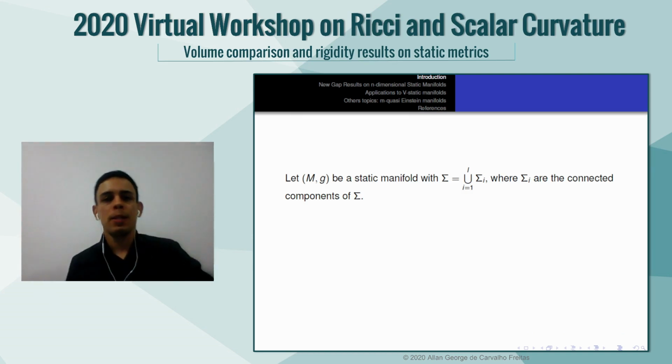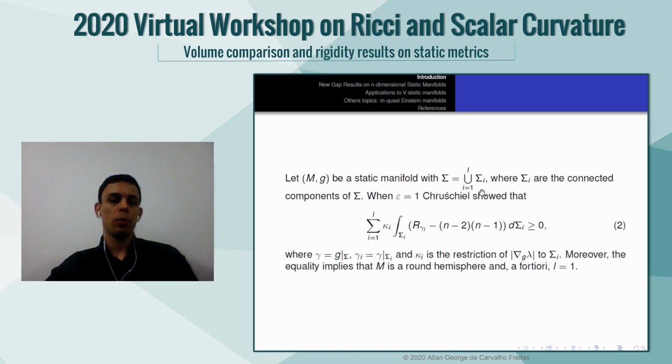Okay. Some developments in this direction, for example, were obtained by Shen. If you consider this decomposition of the boundary into its connected components, we have, in the case of positive scalar curvature, this integral inequality on the boundary, where here is the scalar curvature of the boundary.